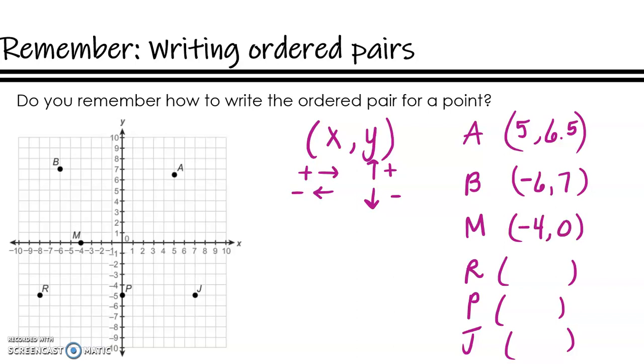R is left 8, down 5: negative 8, negative 5. P is neither left nor right, which is 0 for your x, but then down 5, so negative 5. And J is right 7, positive 7, down 5, so 7, negative 5.